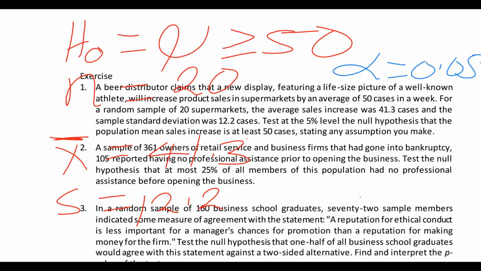You do the opposite: mu is less than 50. That's your alternative, Ha. The alternative hypothesis is the opposite of the null hypothesis. I'm sure you've gotten that.